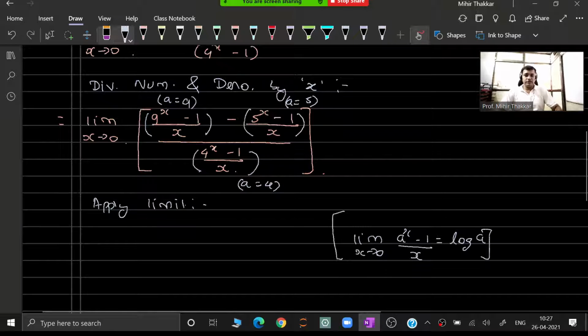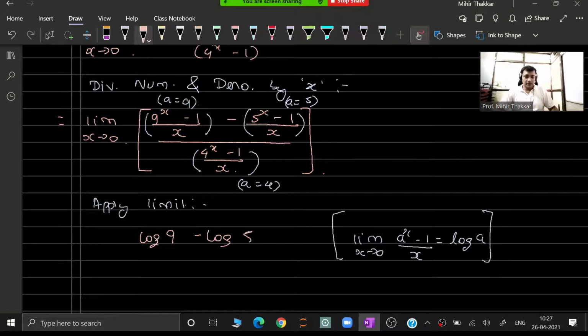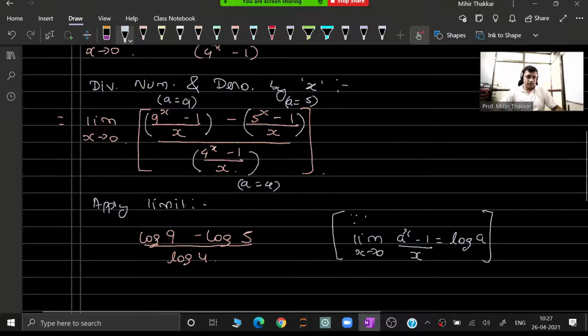So I will write over here, applying limit, the answer is log of 9 minus log of 5 upon log of 4. And the reason, as you already know, you need to write over here just x tends to 0, x is not equal to 0, and of course the formula.